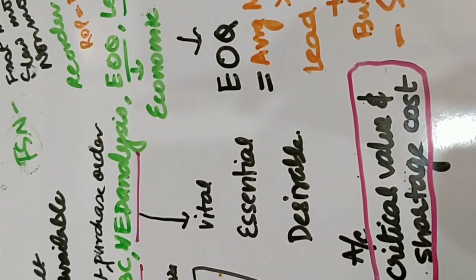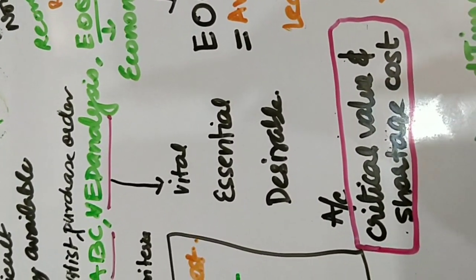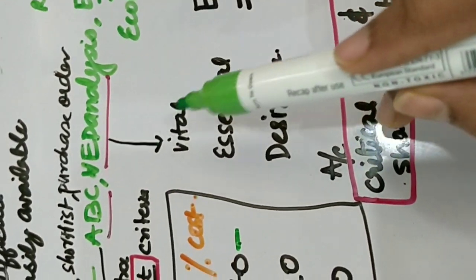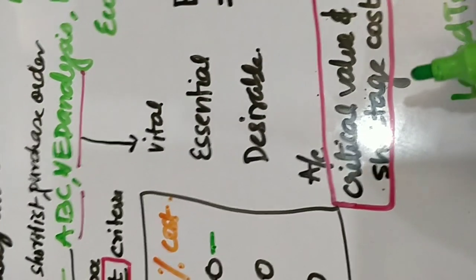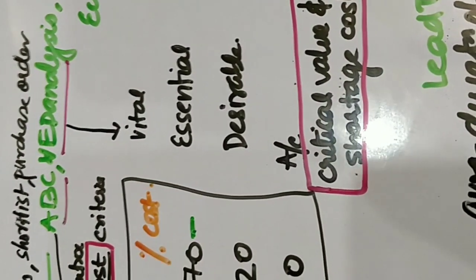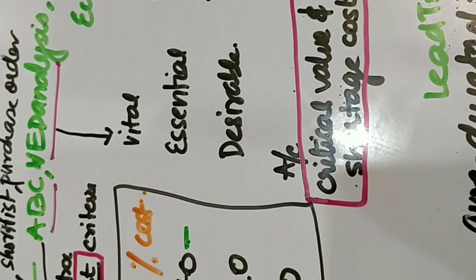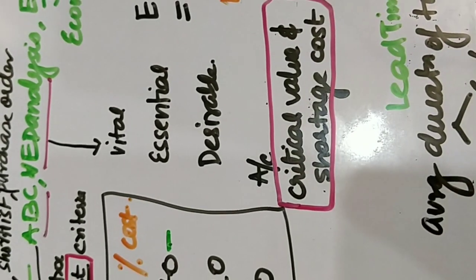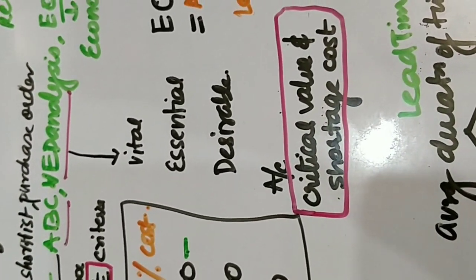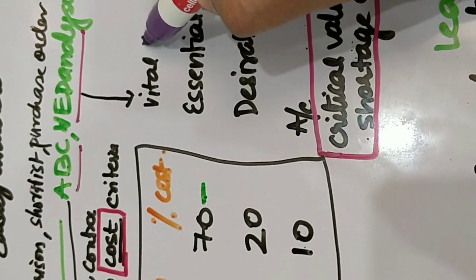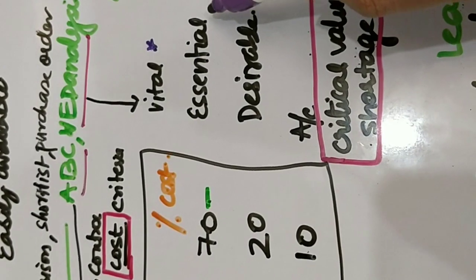Next is VED analysis. VED means vital, essential and desirable. This depends upon the critical value and the shortage cost. Like, what will happen if that drug or material is short or in a critical position? Whether it is very much vital for our sustenance, essential or desirable.